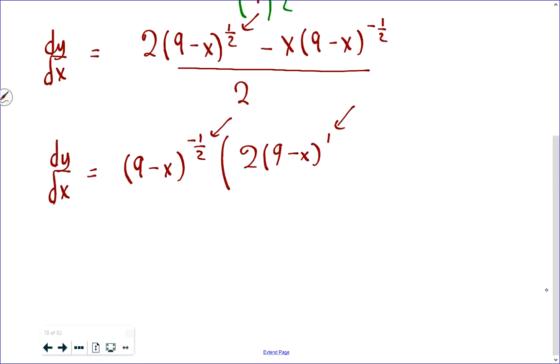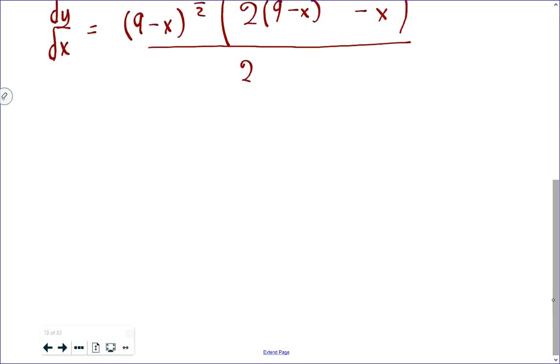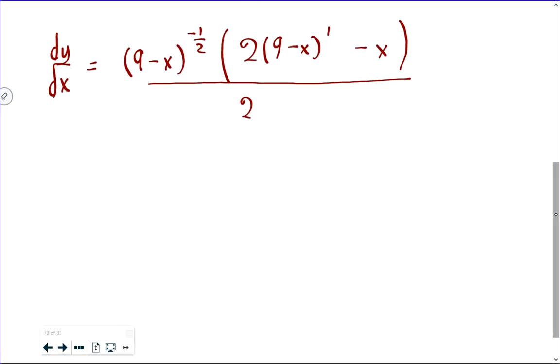Let me get rid of these arrows. They're just going to distract me. Then we have minus x, and this is over 2. Now I can simplify it, and I have dy dx is equal to, on the top, 18 minus 2x minus x.